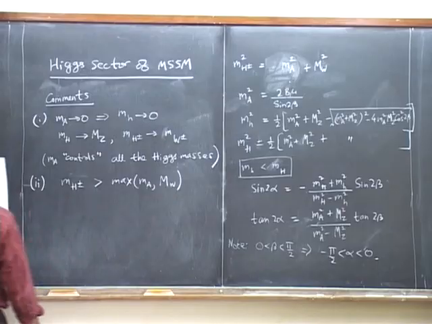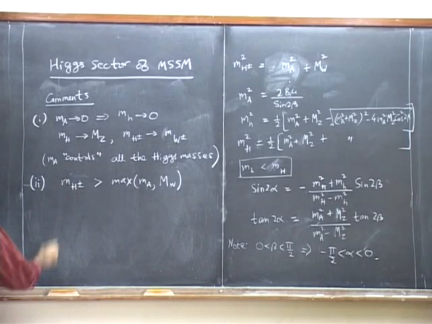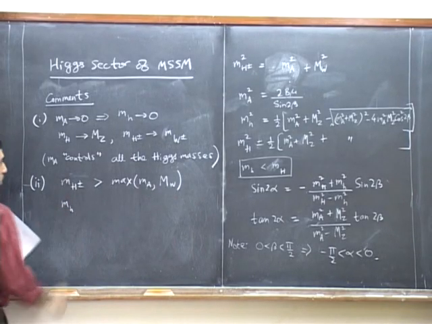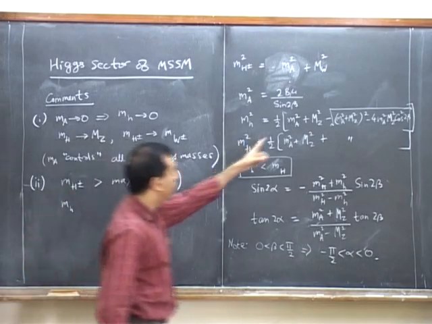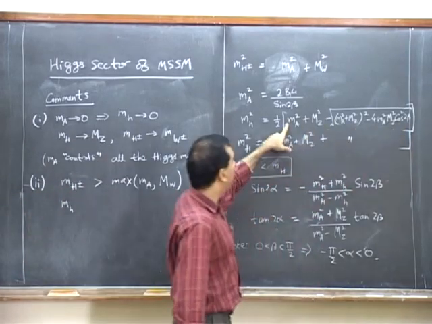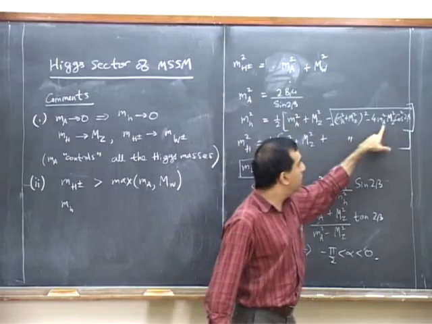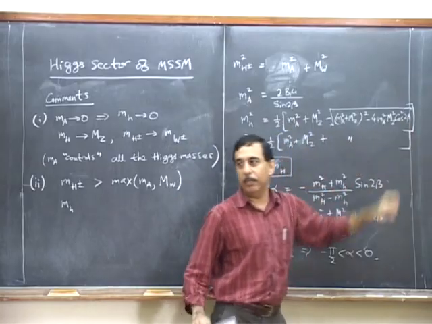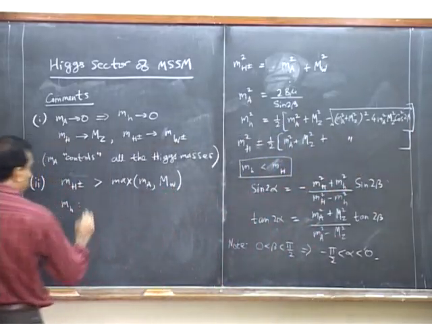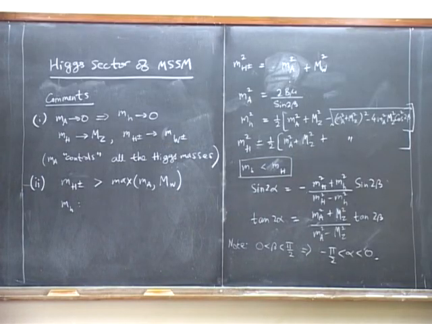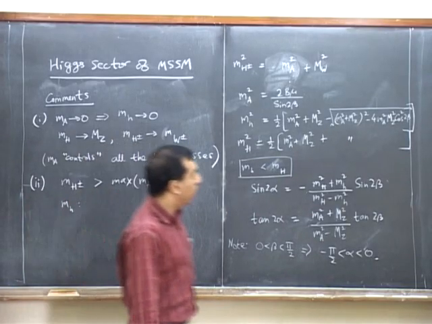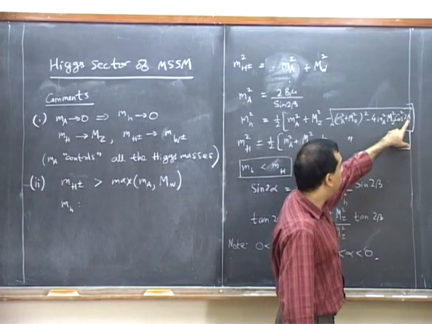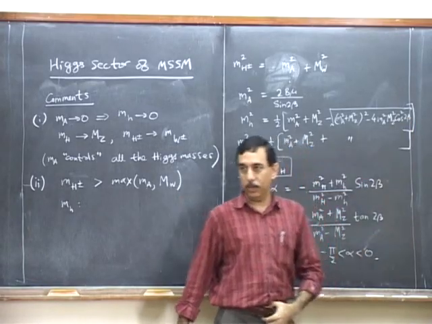That's useful. Okay, now let's look at M of H, small h, from this formula. And let's see the range of values if we keep everything else fixed except beta and we vary beta. When beta is pi by 4, then cos of 2 beta is 0.